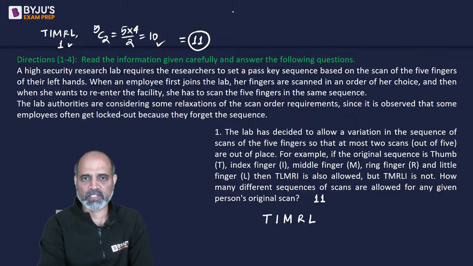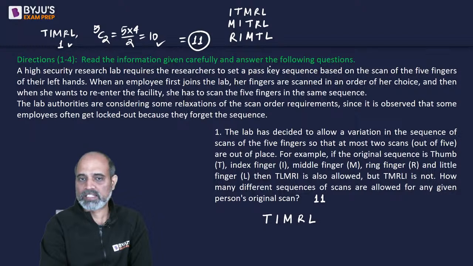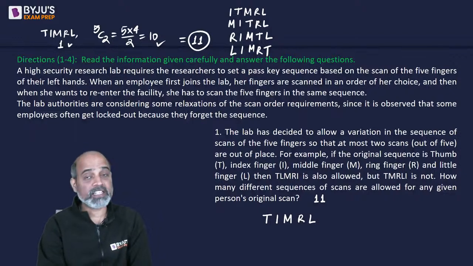Suppose I want to find out, we interchange T first. So T and I get interchanged, everything else is same. T and M get interchanged, everything else is same. T and R will get interchanged, everything else is same. T and L may get interchanged, everything else is same. Now T's interchanges are done.